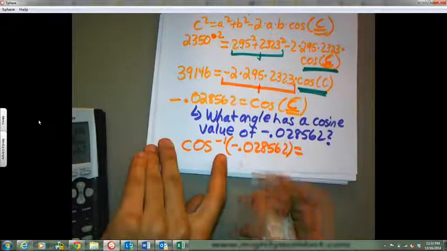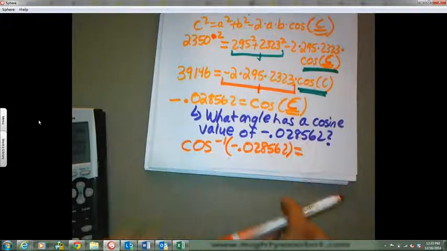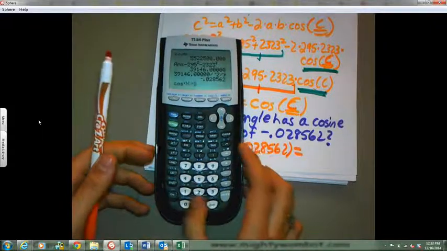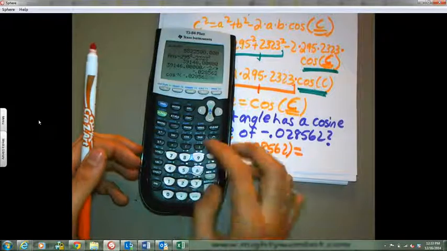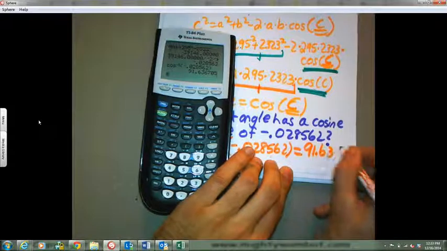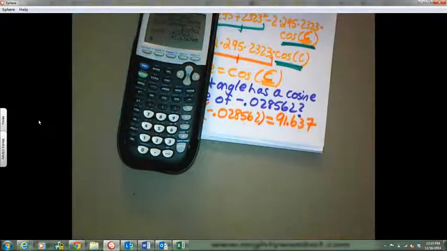So we just tell the calculator inverse cosine of negative 0.028562, and we get 91.637.